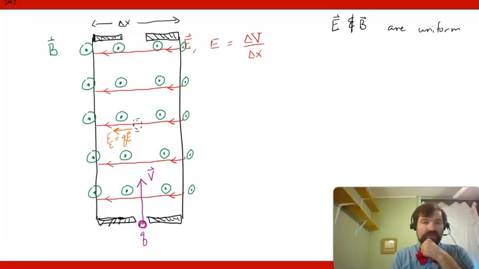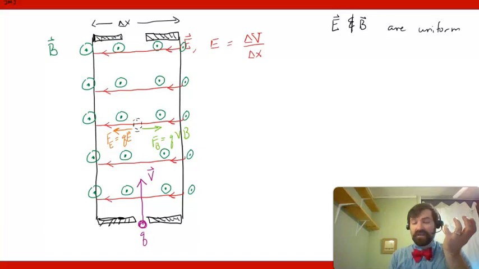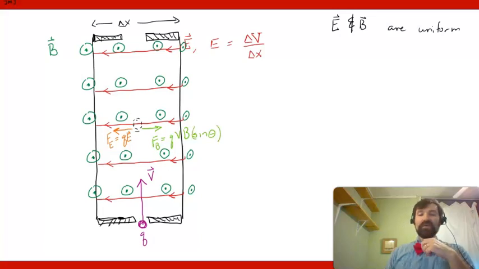So let's draw that in like a light green. So in this direction, I have F sub B is QVB. We could add in a sine theta if we want to have this magnetic field skewed in some particular direction. So we could say sine theta parenthetically if we want to include that.